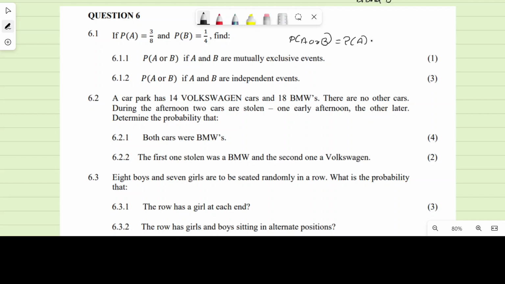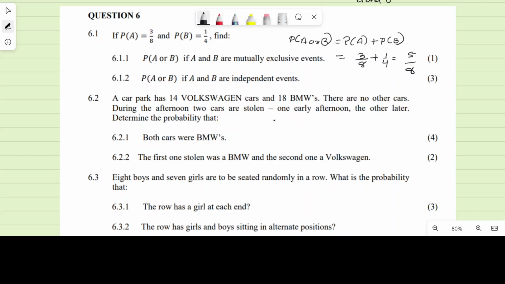That is a formula we discussed in revision. So here this is equal to 3 over 8 plus 1 over 4. That was a direct question, that's why it only has 1 mark. So final answer is 5 over 8.